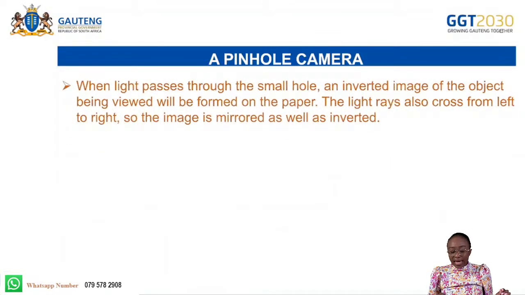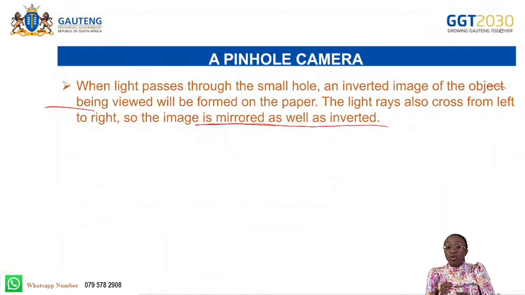Now, when light passes through that small hole, this is what happens. An inverted image or an upside down image of the object will be viewed on the tracing paper. You can also use tissue paper if you do not have tracing paper. The light rays also cross from the left to the right, so that the image is mirrored as well as inverted.